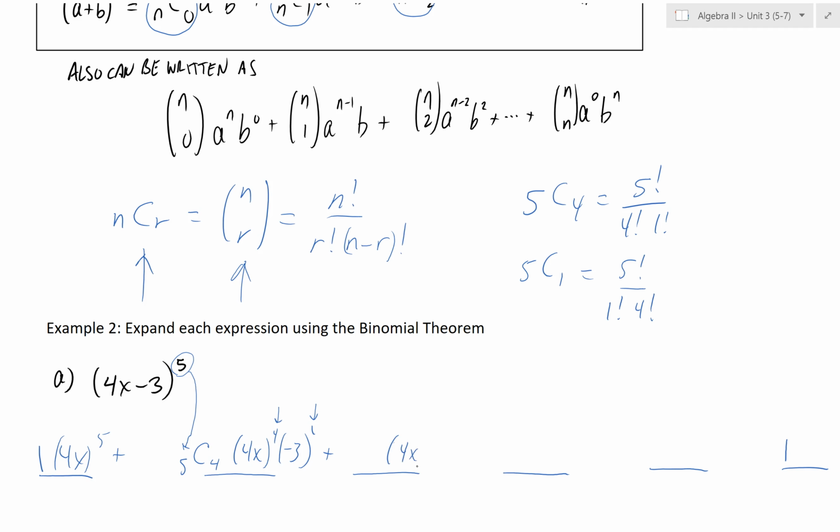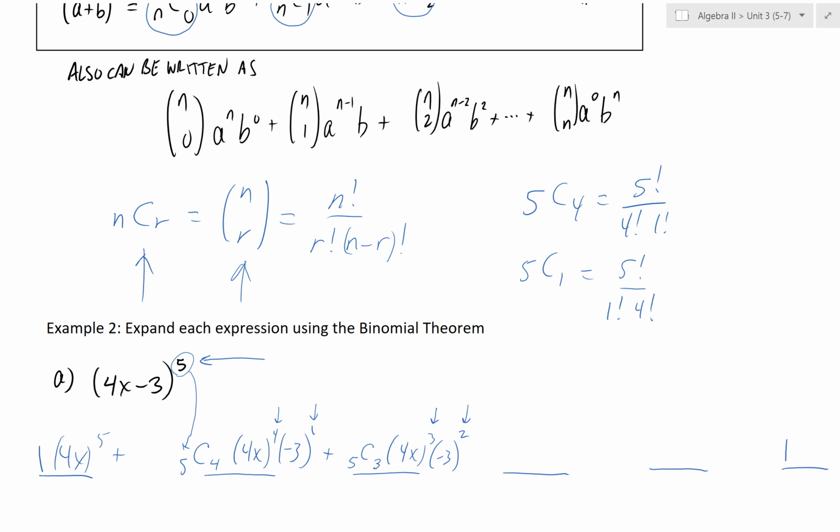Now it's going to be (4x) to the 3rd power, (-3) to what power? 2nd, because those two exponents have to add up to 5. And now in front, it's going to be 5 choose. Again, look at either one of those exponents. Either one will work.